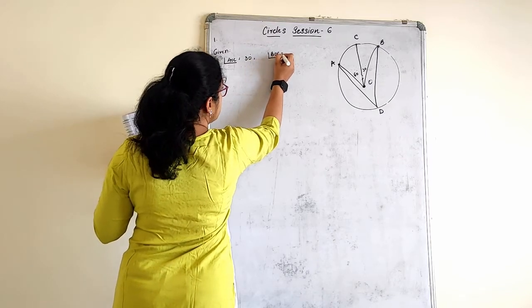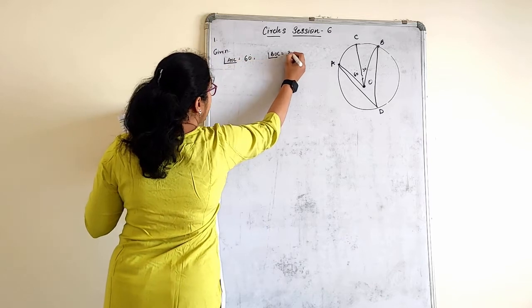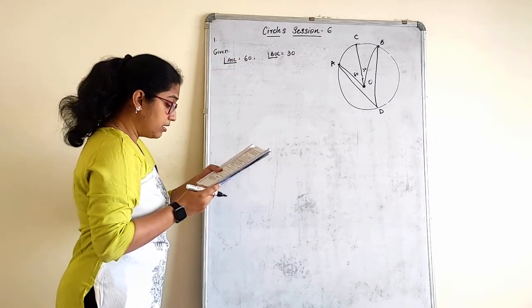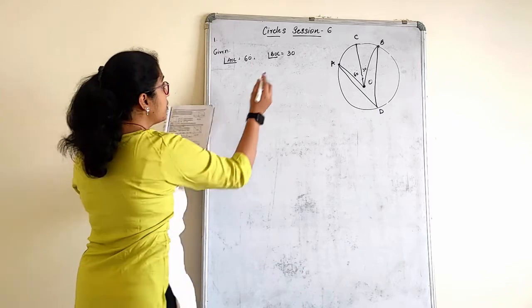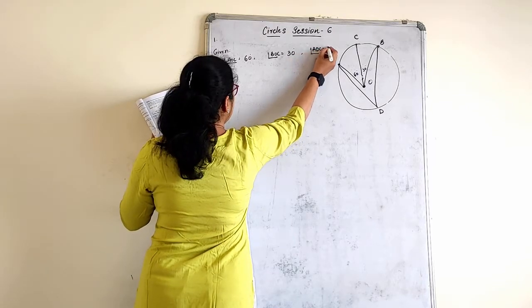Angle AOC is equal to 60 degrees and angle BOC is equal to 30 degrees. If D is a point on the circle, on the other arc ABC, what angle do we have to find? Angle ADC.